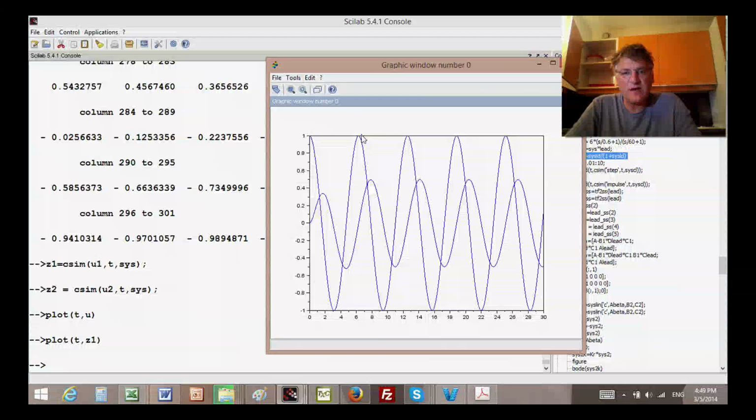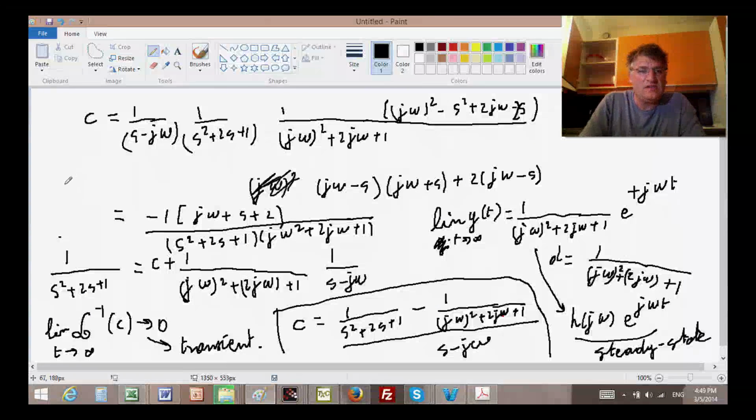Okay, u reaches its maximum here, z reaches its maximum there. So that's the real component response to the real input, which is cosine of t, because again, e to the jt is equal to cosine t plus j times sine t.